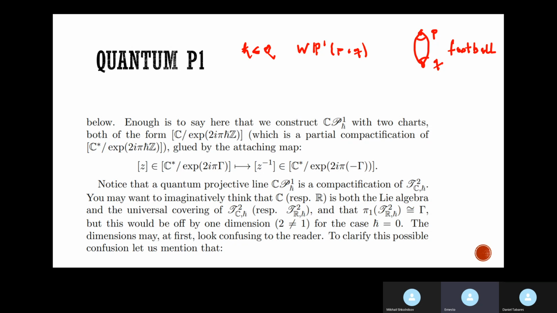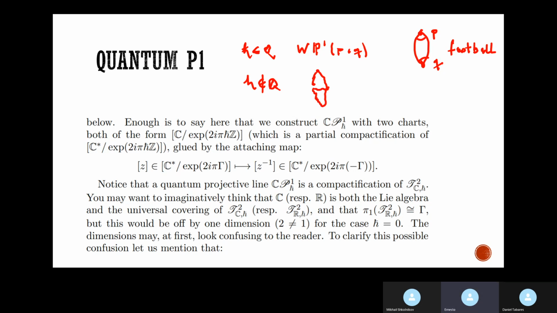But of course, now when h bar is more freely not rational, but rather an irrational real number, then it's no longer a classical weighted P1. You are to imagine this thing as a more fuzzy thing, but it still has two hemispheres.